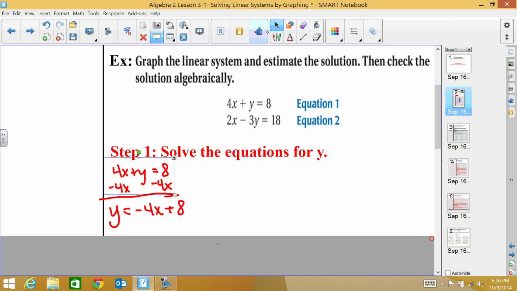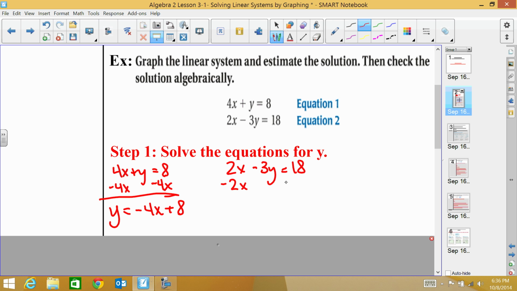Then I'm going to have 2x minus 3y equals 18. And so I would subtract 2x from both sides because I'm trying to get y by itself. So these will cancel out. And I'll have negative 3y equals negative 2x plus 18.